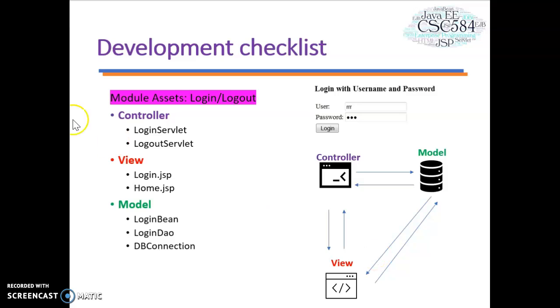So you create the login servlet, logout servlet for the controller component. Next, the view component. So you create the login.jsp and home.jsp. Finally, the model components. So you create the login bean, login DAO, and also the DB connection for a very standard database connection.